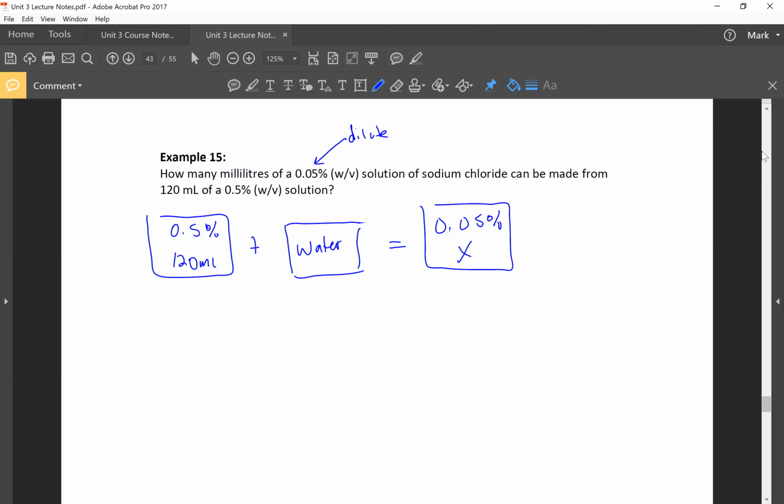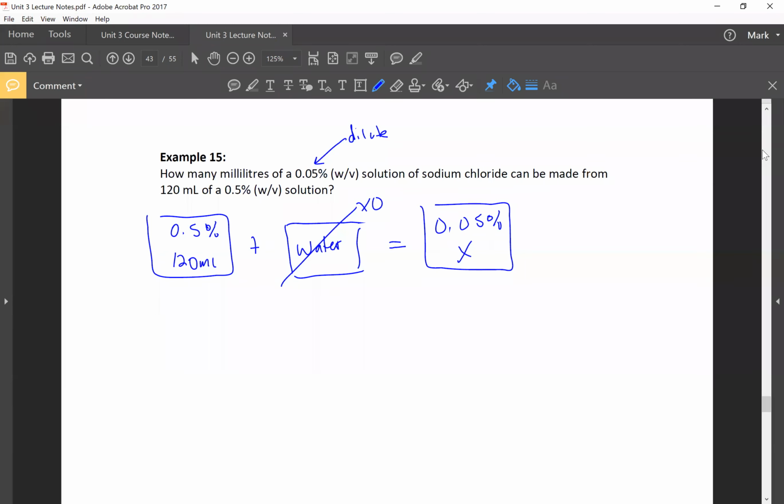So instead of calculating how much of ingredient A I need or how much water I need, I'm going to try and see how much of X can I make by diluting it. Now, when we're adding water, we're multiplying by 0. So this becomes a very easy equation. The only problem I had was I kept messing up how many zeros to write.